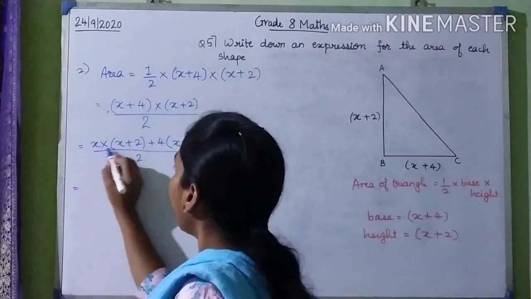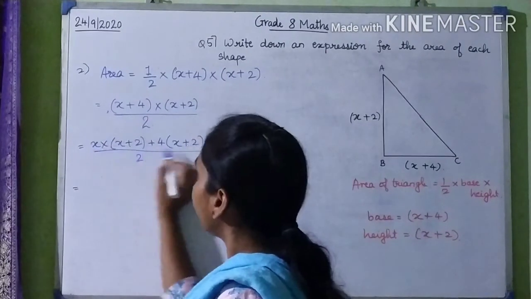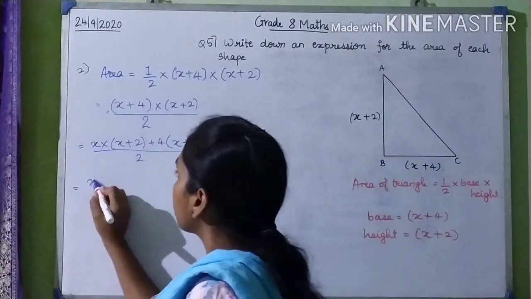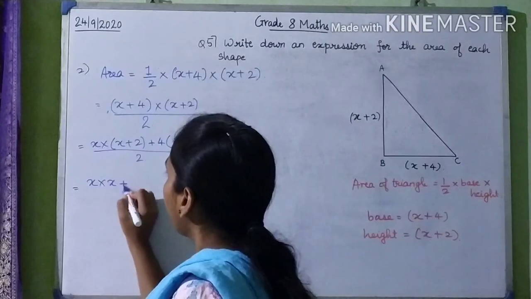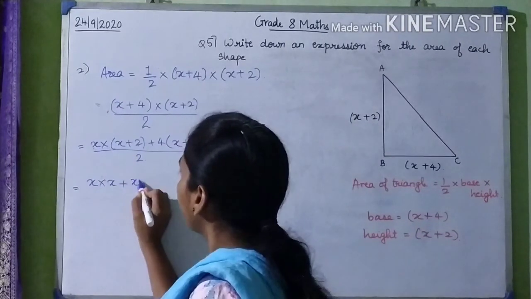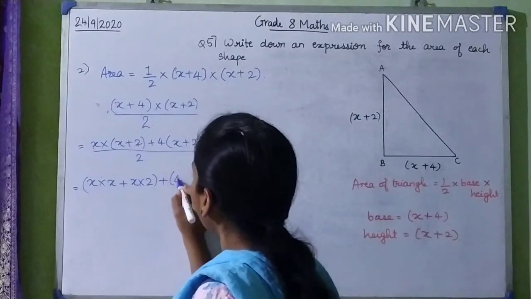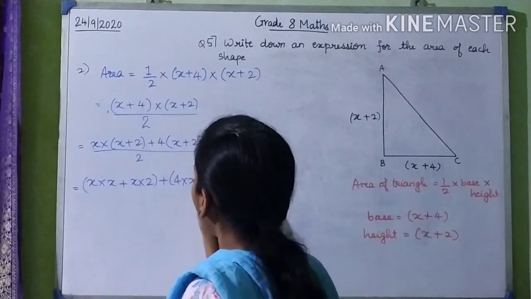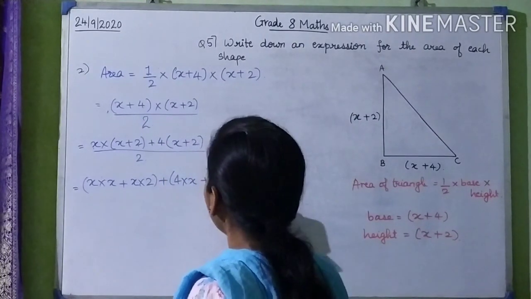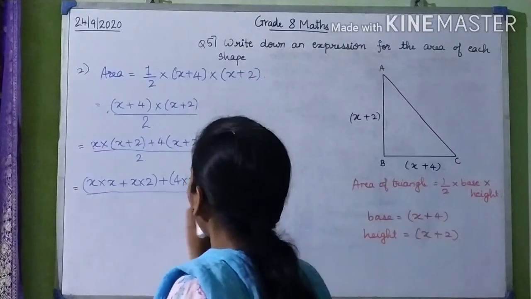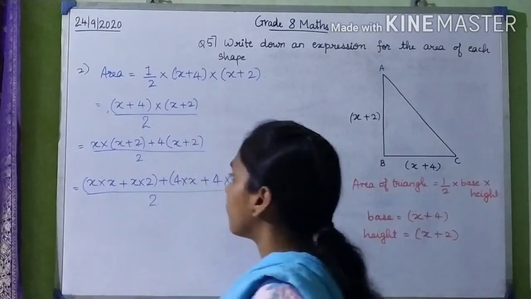Okay, then x, this is our first part and this is our second part. So x multiplied by x plus x multiplied by 2, then plus 4 multiplied by x plus 4 multiplied by 2. Okay, and the whole divided by 2.